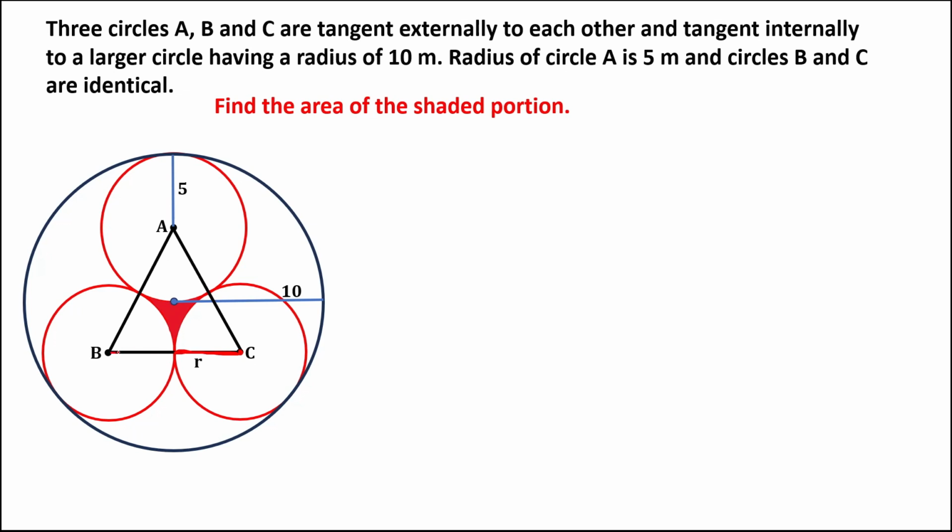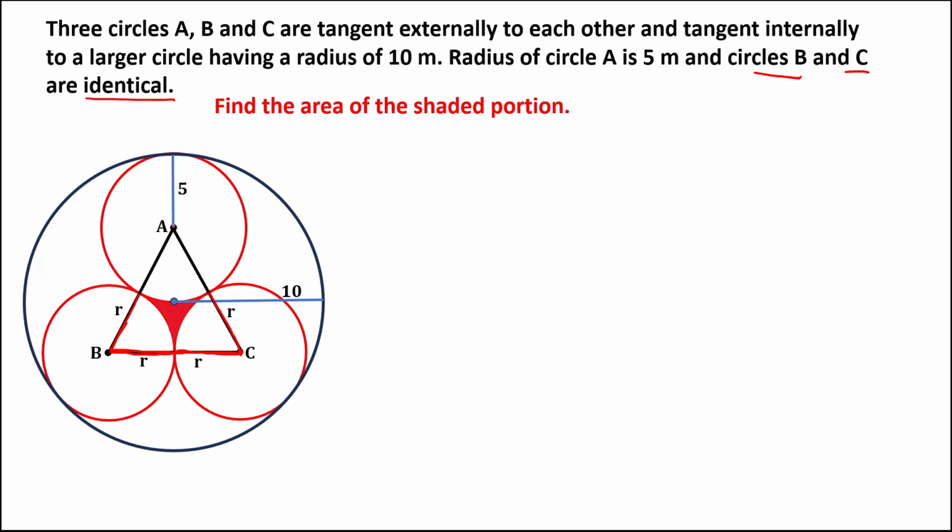And for circle B, this one is also the radius because circles B and C are identical. Therefore, the radius of circle B and the radius of circle C are equal. So this one is also the radius for circle B and circle C.